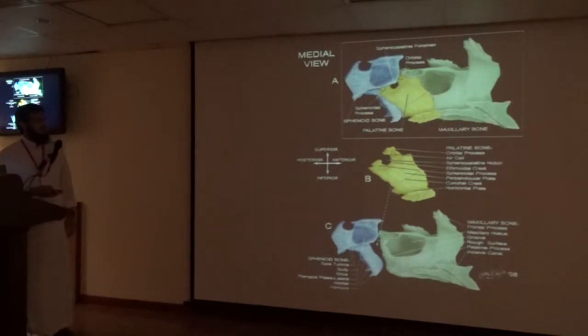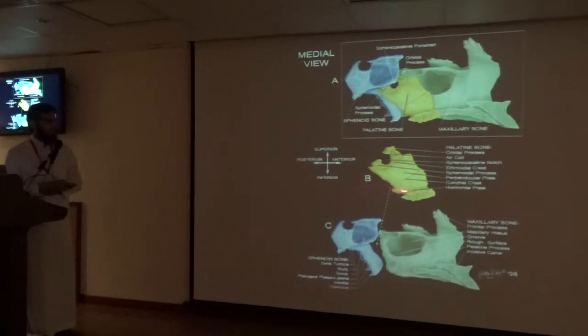Let's come from the medial aspect. So we are looking at the area from the medial aspect. This is, as we said, the palatine bone. This is the hard palate, the posterior third of the palatine bone, the horizontal portion, and this is the perpendicular plate of the palatine bone, and like we said, it branches into the orbital process of the palatine bone anteriorly. It's very hard bone.